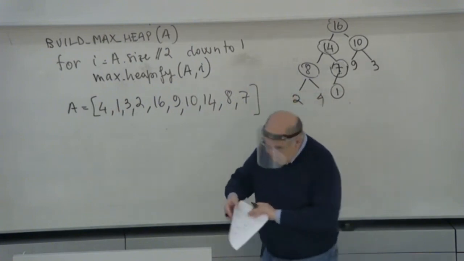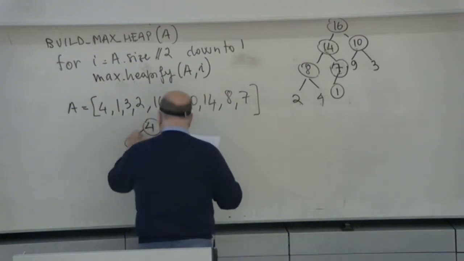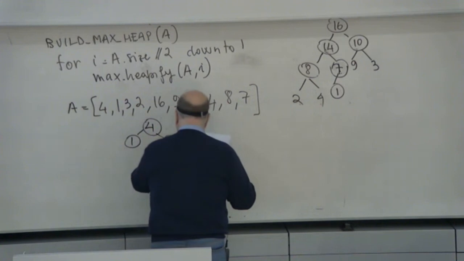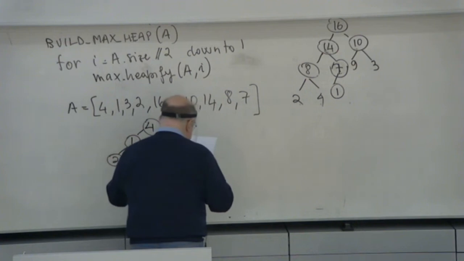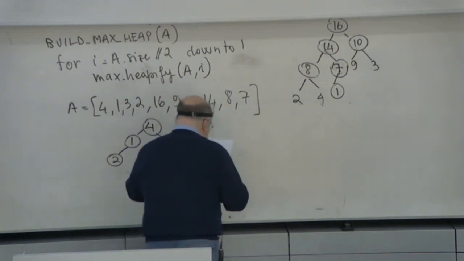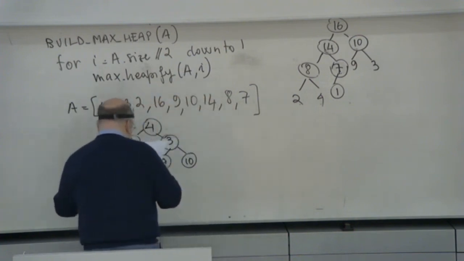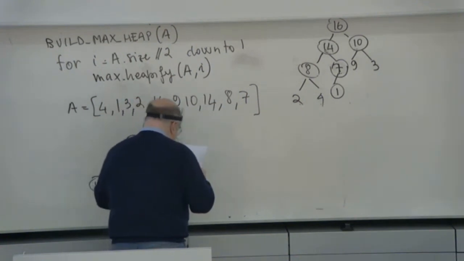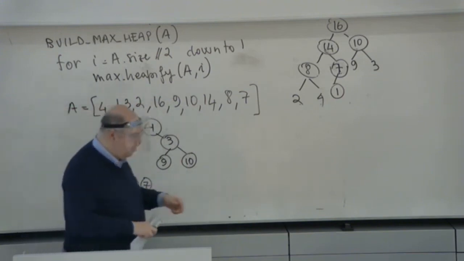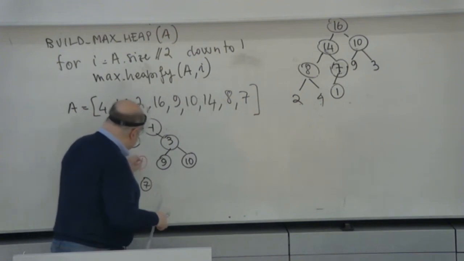The original tree was 4, 1, 3, 2, 16, 9, 10, 14, 8, and 7. And I started from here. This is 16.